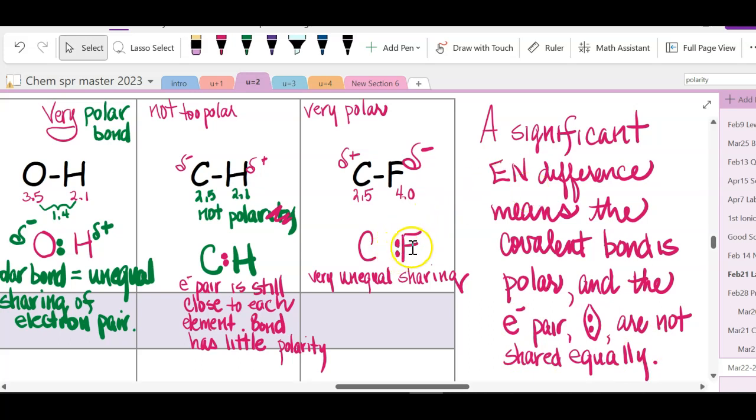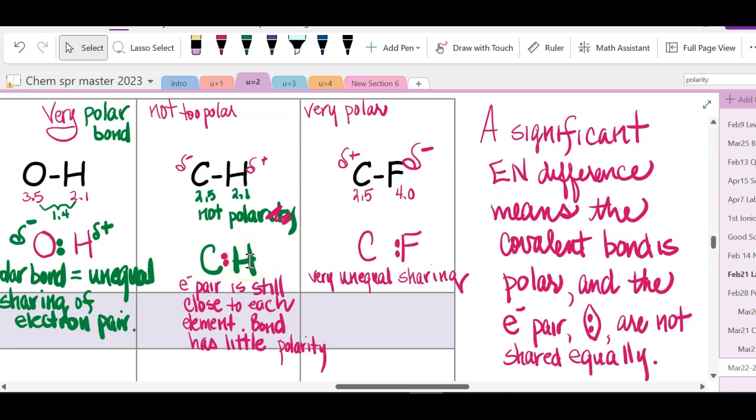These two electrons are much closer to the nucleus of fluorine than the nucleus of carbon. All right, in this one, carbon pulls a little harder. This electron pair is a little bit closer to the carbon nucleus than it is to the hydrogen nucleus.